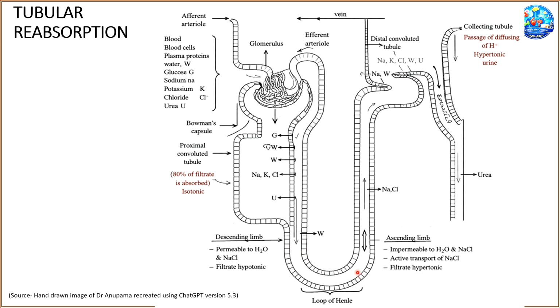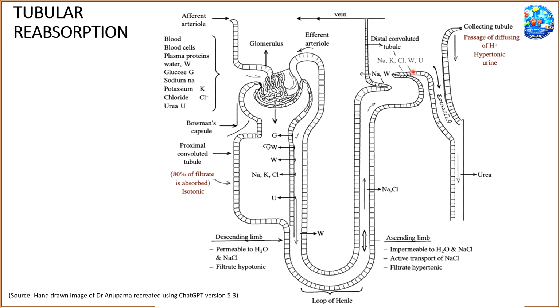The ascending limb is impermeable to water, while sodium chloride is absorbed back by active transport. So this ensures that hypertonic conditions prevail here.